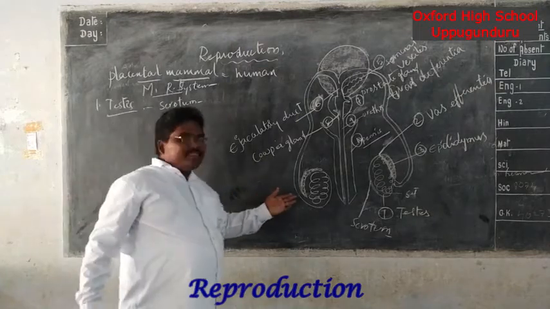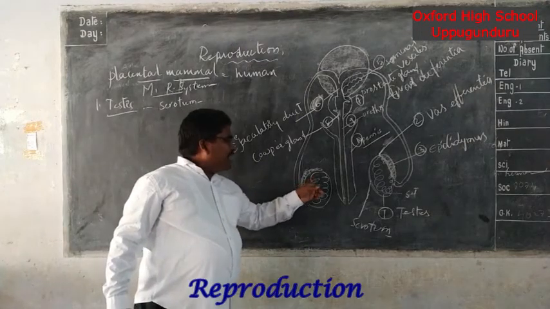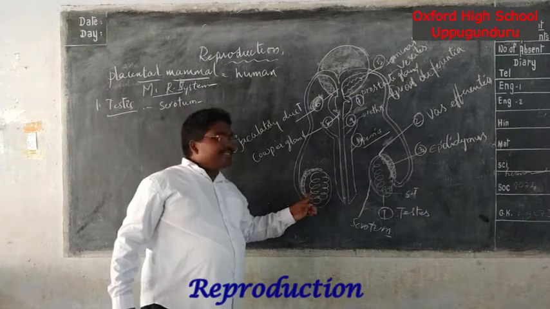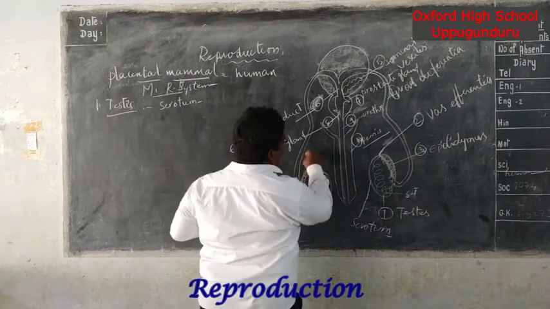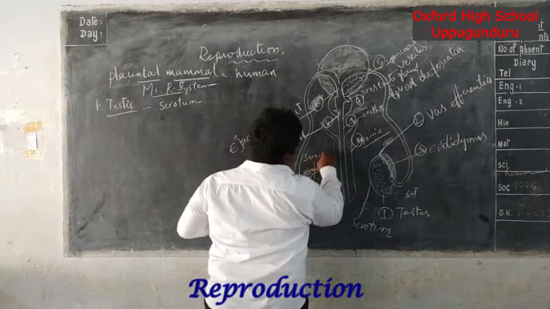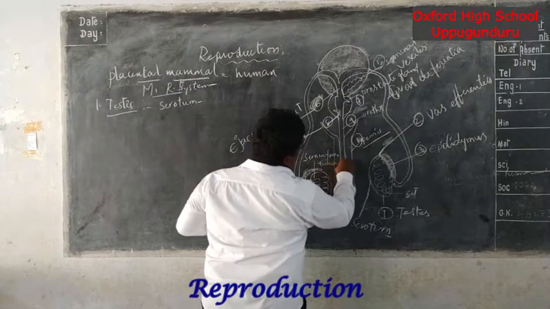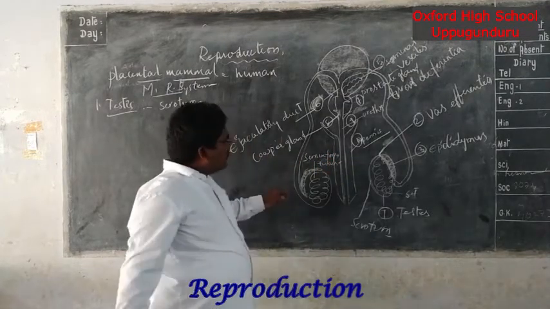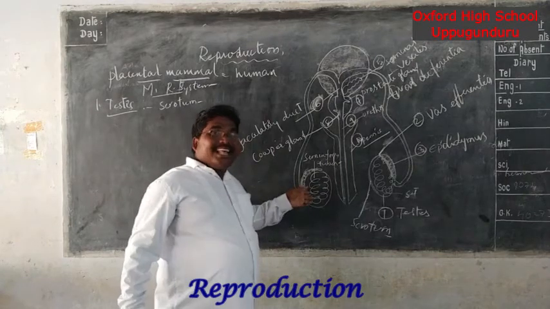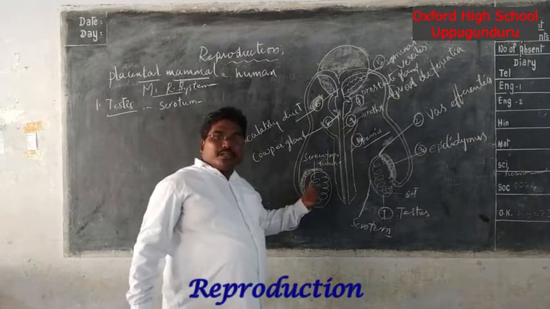In the testes, there are highly coiled seminiferous tubules. These are the seminiferous tubules. Listen carefully: coil means twisted.